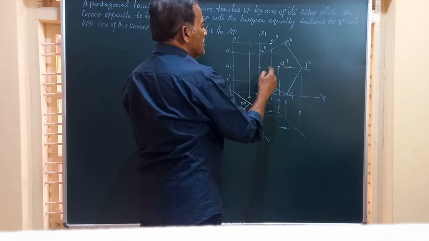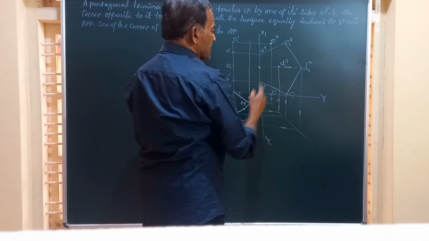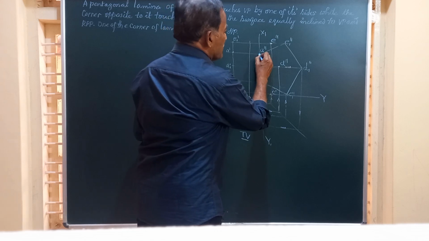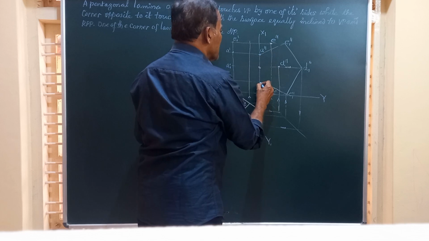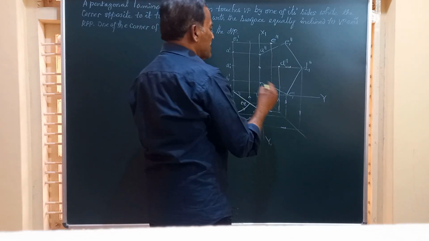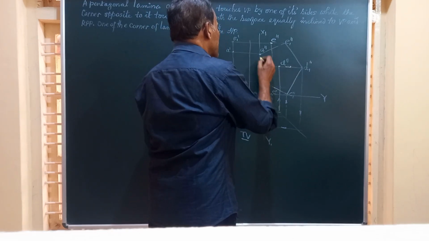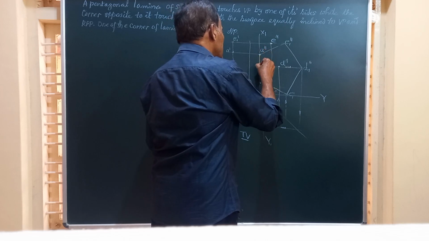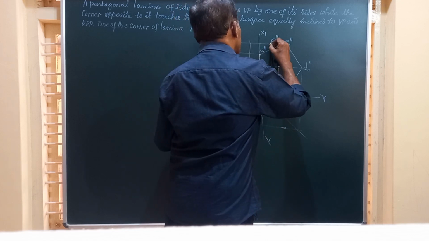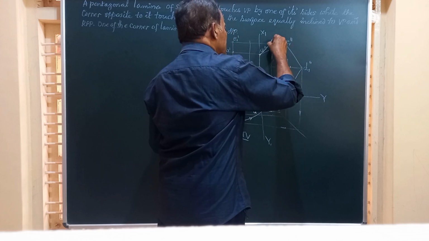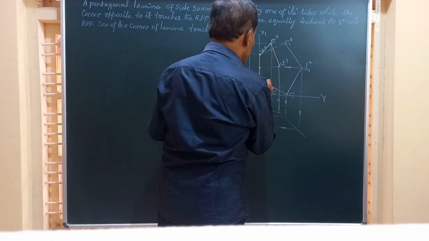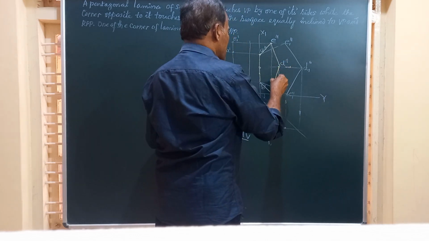So friends, you have got E, C and D. We have to get AB. Friends, the position of AB is fixed. It will be on this line. So this is going to be A double dash and this is B double dash. Friends, after getting all these 5 corners of the pentagon, we will join them by straight lines. So friends, I am going to join A to B by a straight line, then A to E, that is A double dash, E double dash, and ED, E double dash, D double dash. Then we have this BC, B double dash, C double dash, and this line.